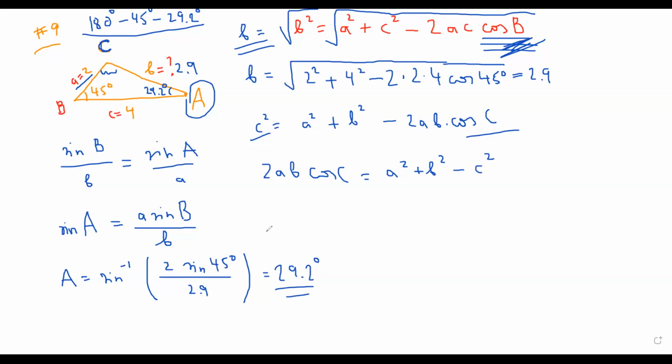So C squared goes over. And then we're going to divide by 2 times A times B on both sides of this equation. So this way 2AB will cancel and I have my cosine of C here.